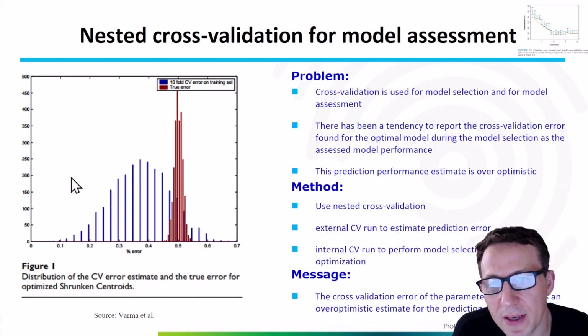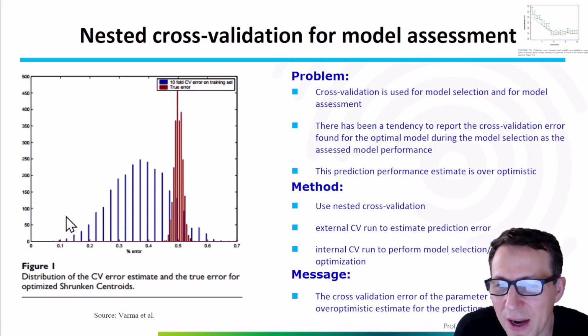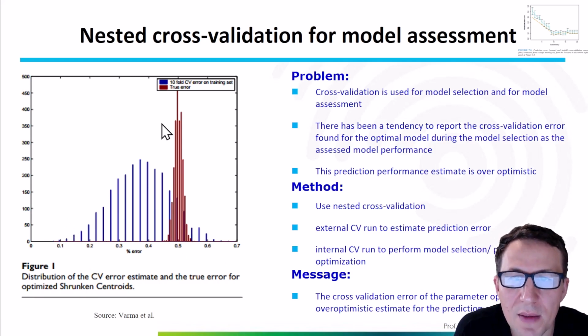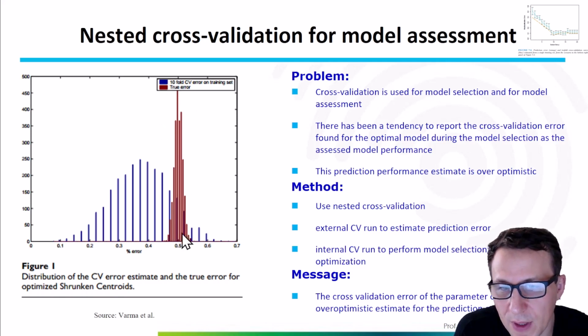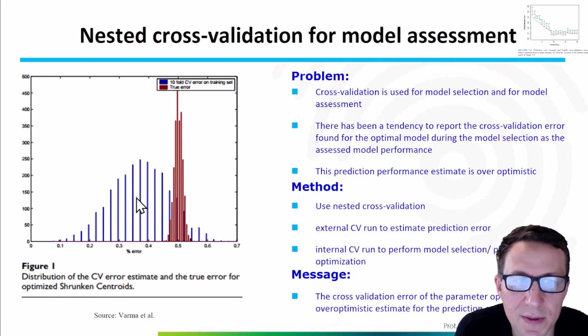This is what they've tested here. They did an experiment and identified that the 10-fold cross-validation error on a data set has a distribution like this one. It seems to be a Gaussian, and the errors vary between 0.1 and 0.6, something like that. But the true error on the data set is about 0.5. So you see that the error estimates of the cross-validation run are usually too optimistic.